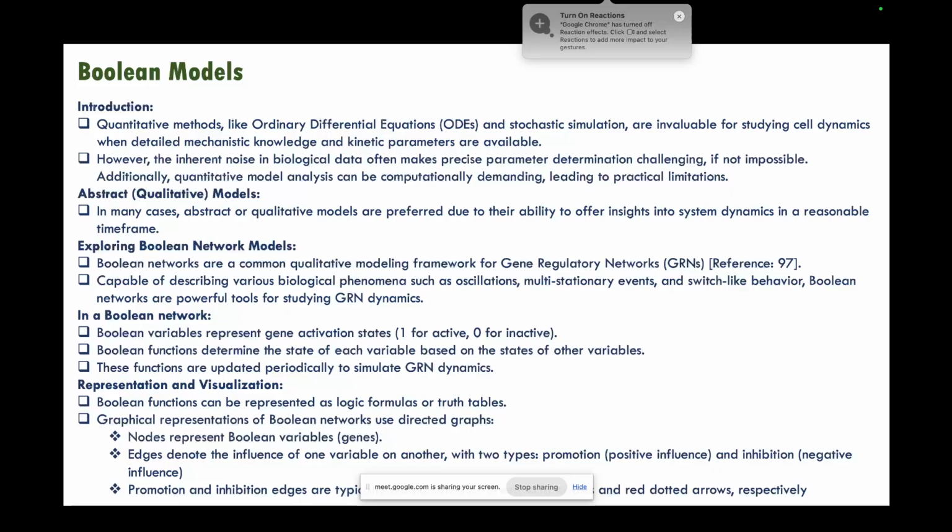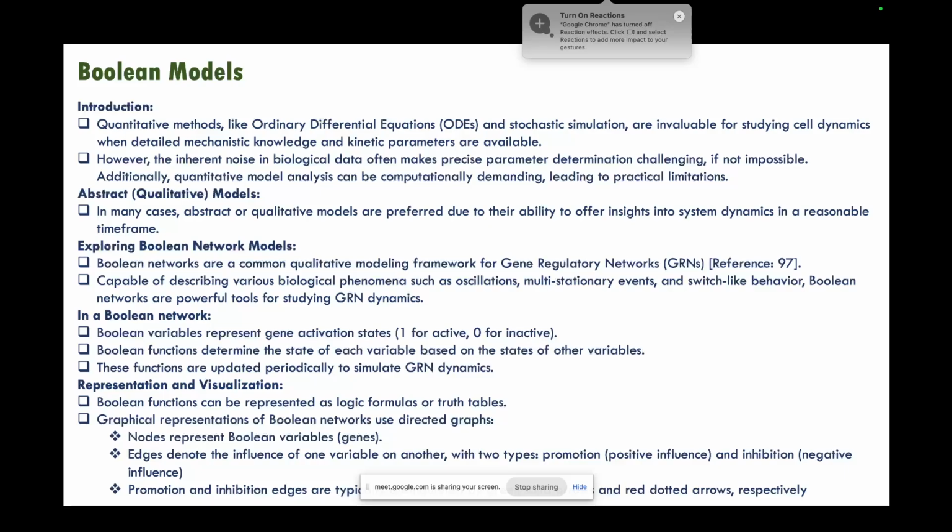Additionally, quantitative model analysis can be computationally demanding, leading to practical limitations. In many cases, these abstract or qualitative models are preferred due to their ability to offer insights into the system dynamics in a reasonable time frame, where Boolean and logical models come into play.